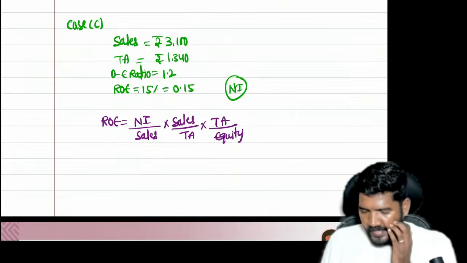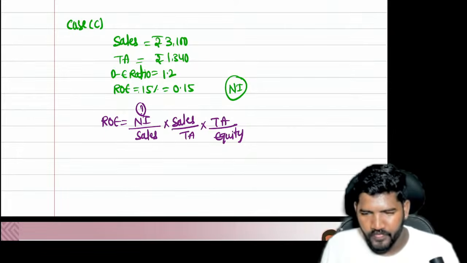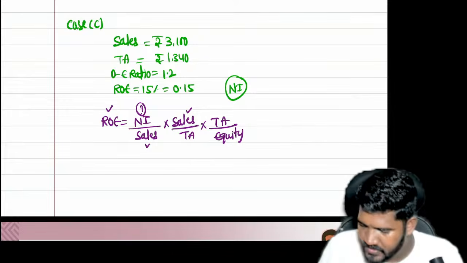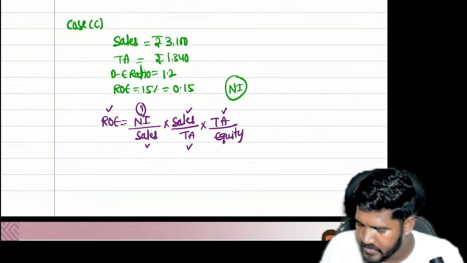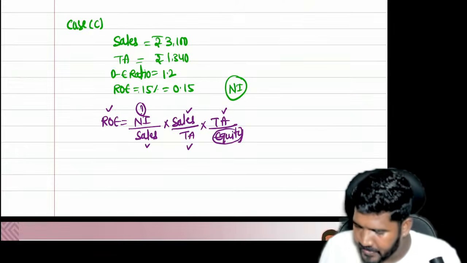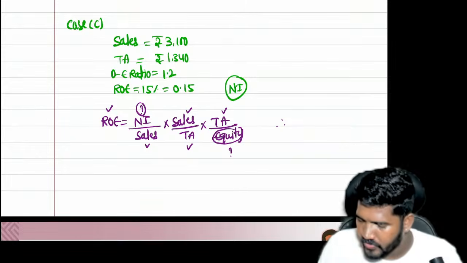Okay, but net income is a question mark. We have to figure out. I know return on equity, I know sales, I know total assets. I don't know equity. That means this calculation is not possible. That's why I'm using an alternative.